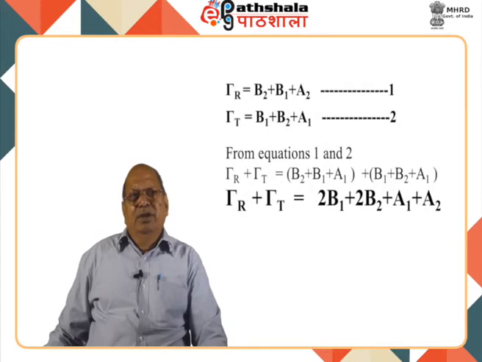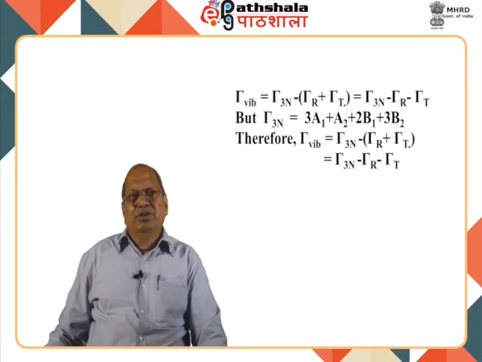So now we have tau t equal to B1 plus B2 plus A1. From equations 1 and 2, that is, the equations for tau r and tau t, we have tau r plus tau t equal to 2B1 plus 2B2 plus A1 plus A2.